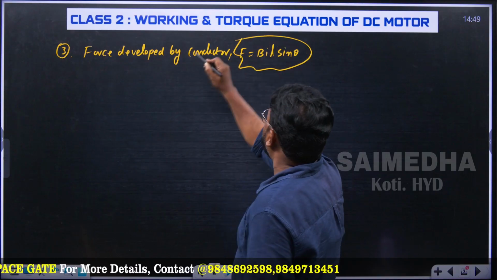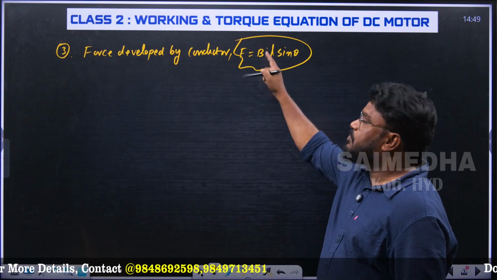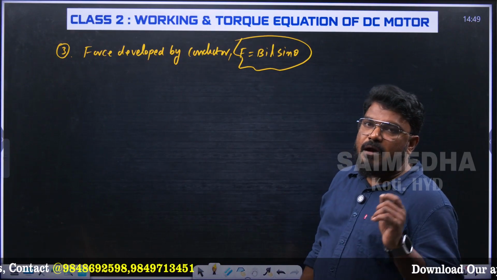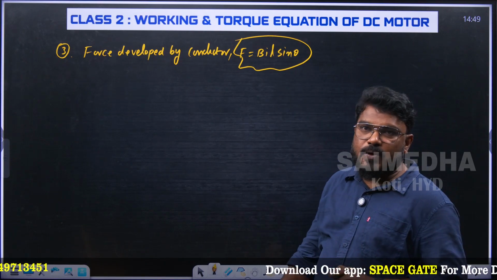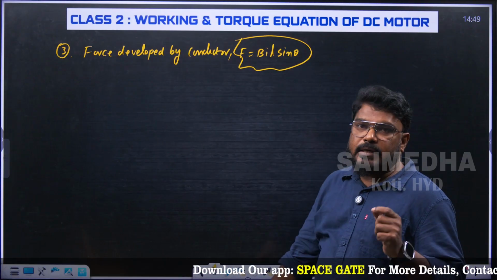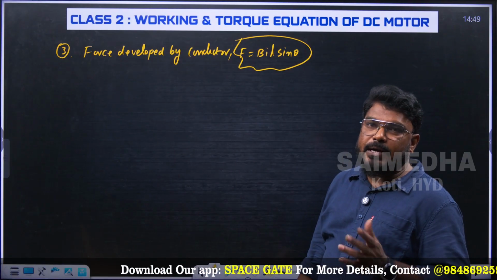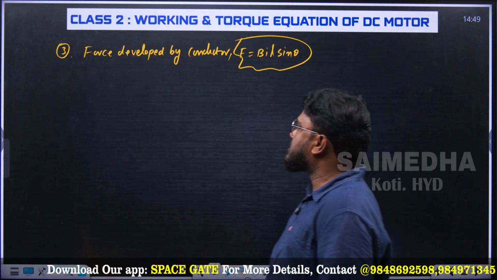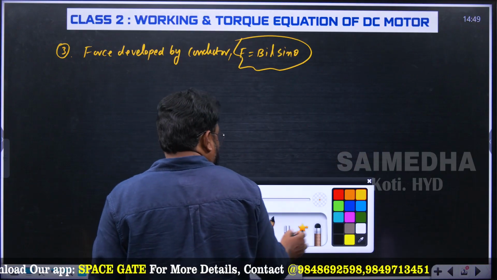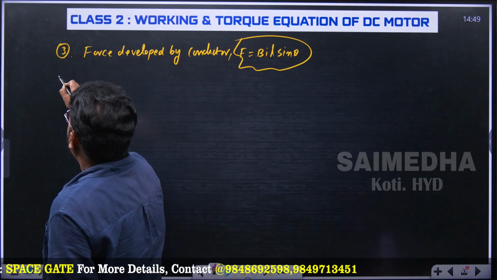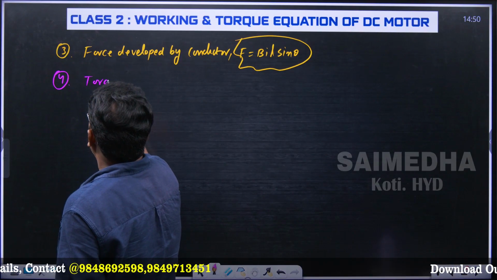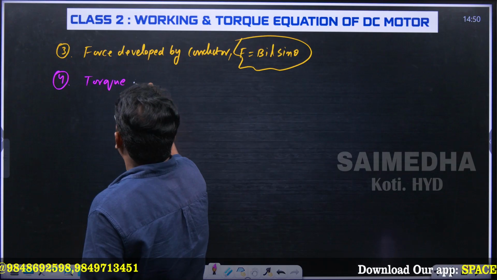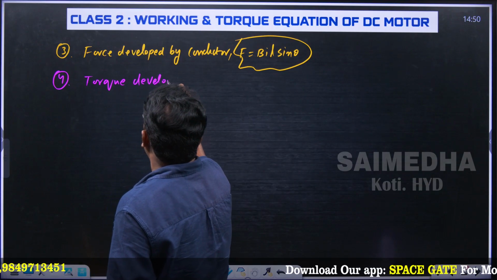This is the force developed by the conductors, where B is the flux density, I is the current passing through the conductor, L is the actual length of the conductor, and theta is the angle between the magnetic field and the conductors. And next, one more possibility of the question, the fourth one: the torque developed by the conductors.